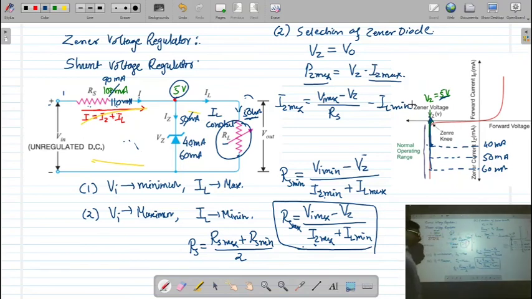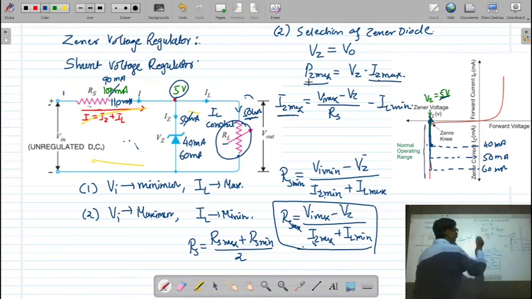Using this formula you can find out the maximum value of the Zener current. You put it here and you can calculate the power dissipation in the Zener, and accordingly you can select the Zener. Suppose here the power dissipation Pz maximum comes out to be 700 milliwatt.